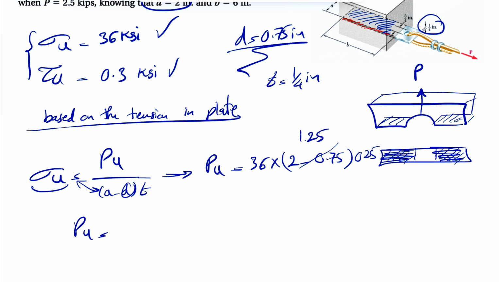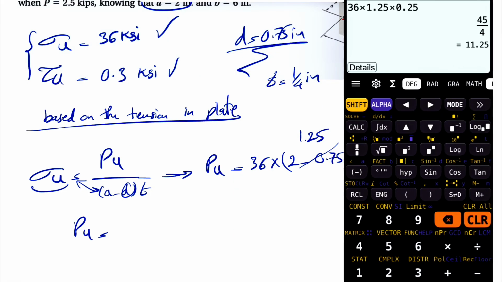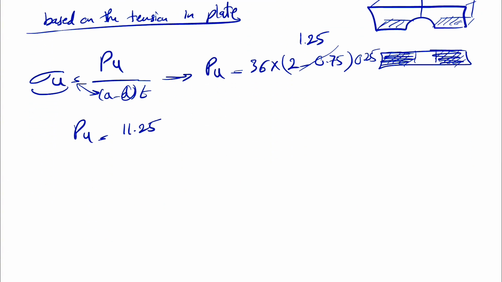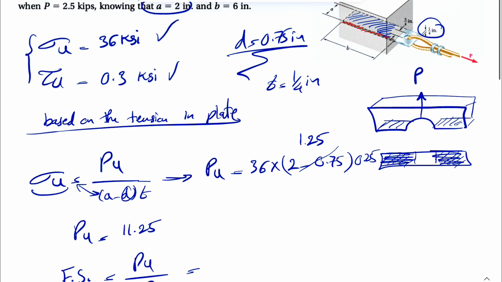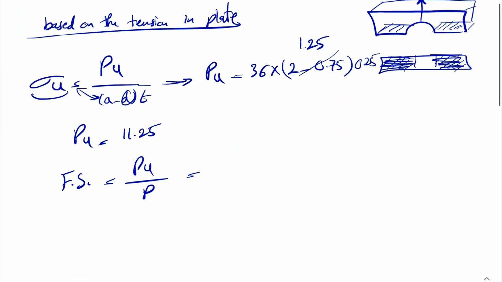So the ultimate force is 36 times 1.25 times 0.25, or 11.25 kips. Now that we have the ultimate force, the factor of safety is equal to the ultimate force over P. P is a given in this question, and we know it's 2.5 kips.